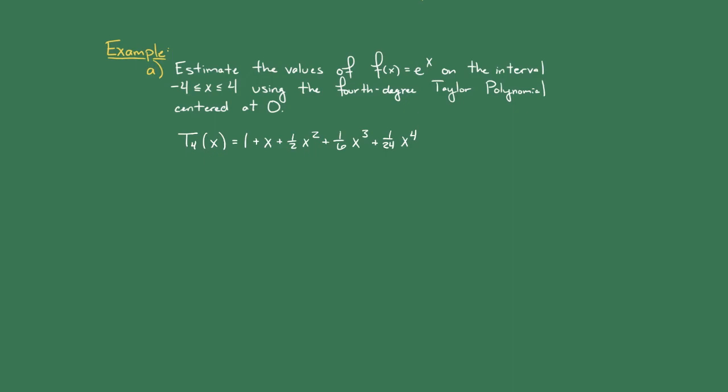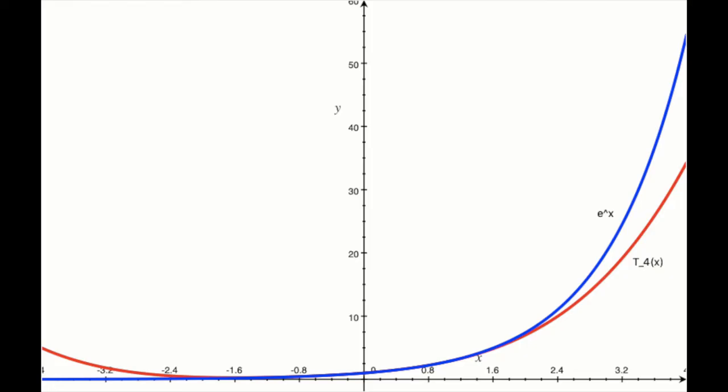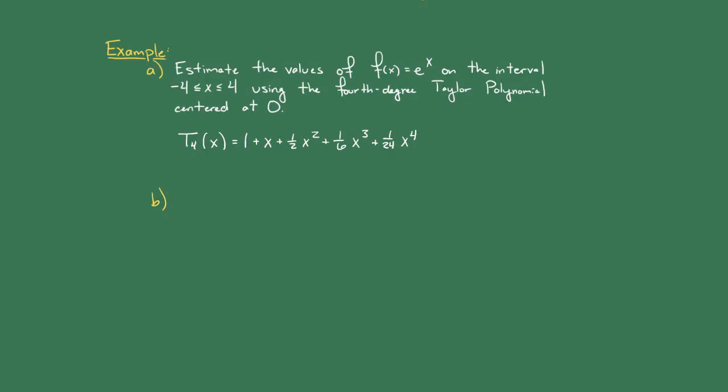To see that this works, let's take a look at the graph of e to the x and T sub 4 of x. Notice that really close to 0, these graphs are very close, but then begin to separate as you get further from 0. Next, let's go ahead and do the same thing except with the 10th degree Taylor polynomial. Well, we've already done about half the work.